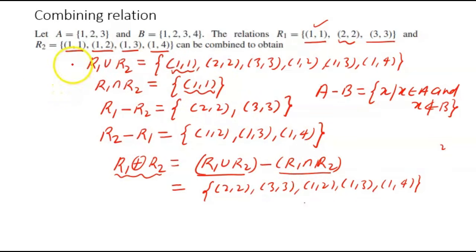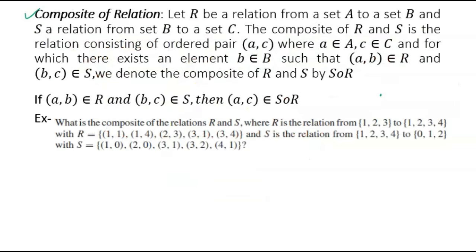So we have defined what is R1 union R2, R1 intersection R2, R1 minus R2, R2 minus R1 and R1 exclusive or R2. Now we are going to look at the composite of relation.